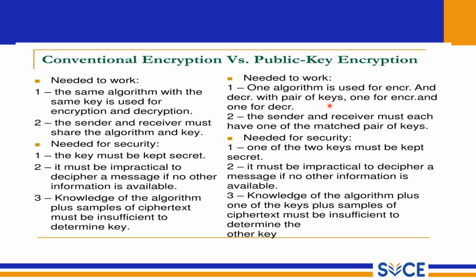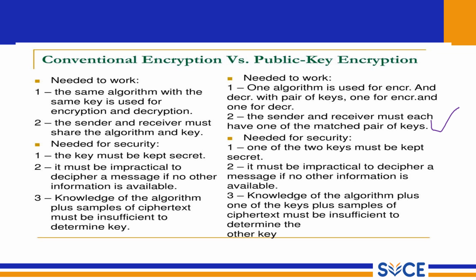In the public key cryptosystem, the sender and the receiver must each have one of the matched pair of keys. Next, symmetric algorithms, for example AES, DES, Blowfish, RC4, and public key or asymmetric algorithms like RSA, DSA, and Diffie-Hellman key exchange.